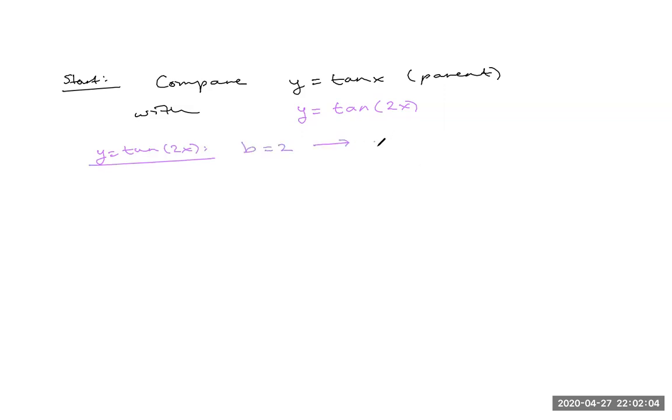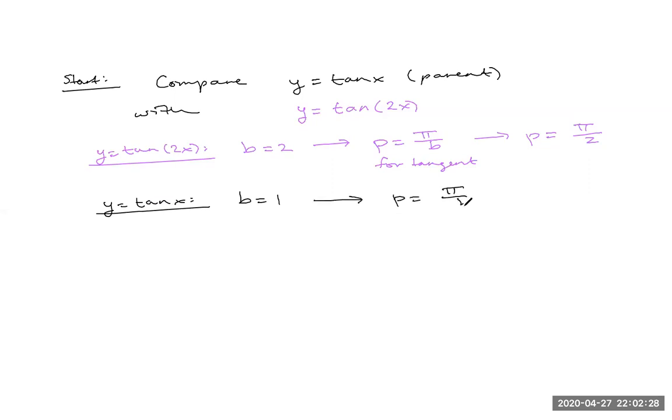And remember, our period is going to be pi over b for tangent graphs. So our period is actually going to be pi over 2. For your parent, remember b is equal to 1. So your period, pi over b, is going to be pi.